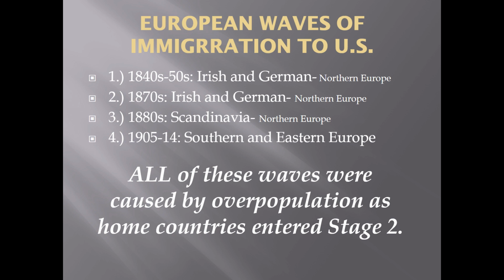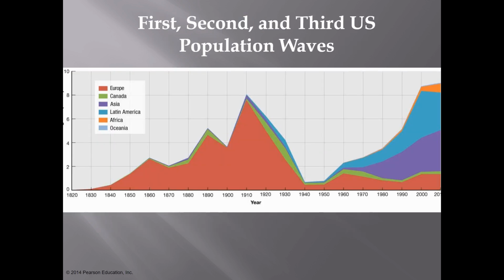Problems in Germany related to political instability, revolutions that were taking place, also in Scandinavia. And Southern and Eastern Europe as well, there's a feeling that these countries are overpopulated, and the U.S. needed workers. So many of these folks are willing to come to the United States for work or for farmland as we industrialized.